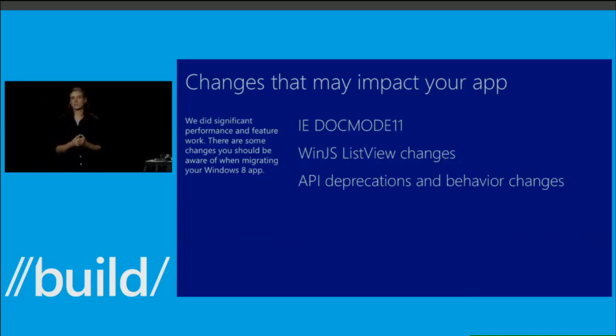And some of those have made for some styling changes that may affect your application. And finally, across the platform, we have some API deprecations like that application view.value and some behavioral changes. And go ahead and look up anything that you think is affecting your application directly in that document, and you'll find great documentation about it.